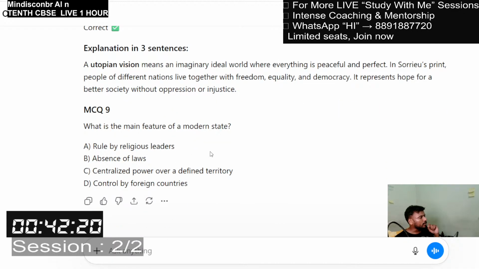What is the main feature of a modern state? Rule by religious leaders, absence of laws, centralized power over a defined territory, control by foreign countries.